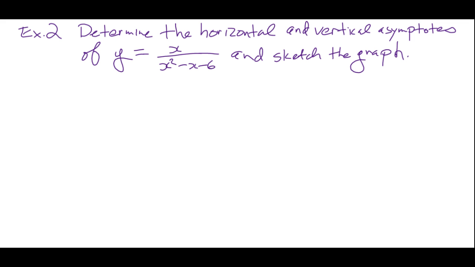Okay, so let's do the horizontal asymptote. Limit as x approaches plus or minus infinity. What's the highest power of x? Yes. Squared. So we're going to divide everything by x squared, right?